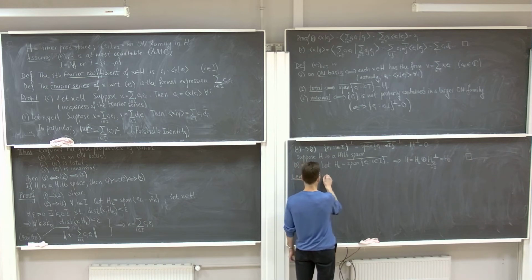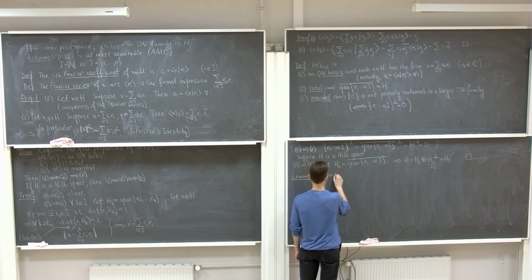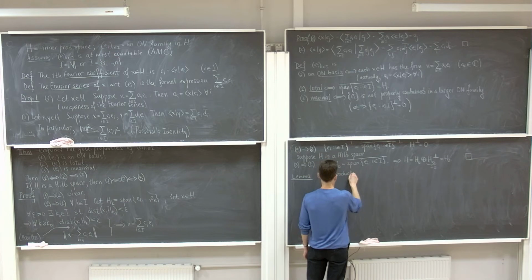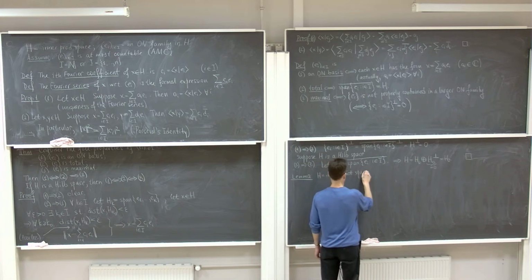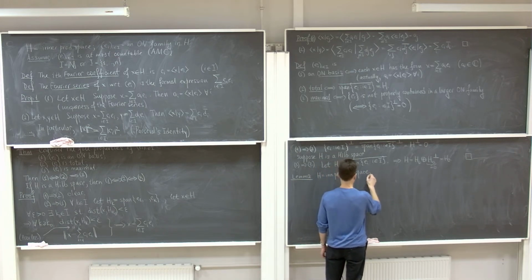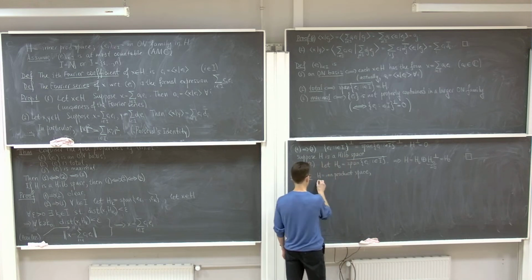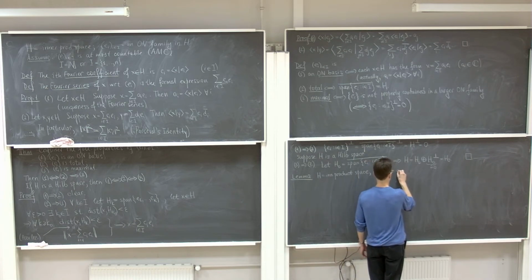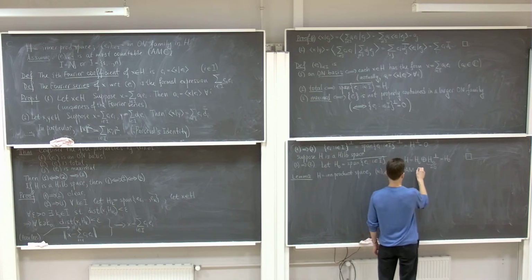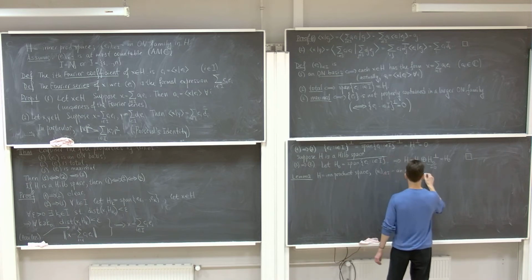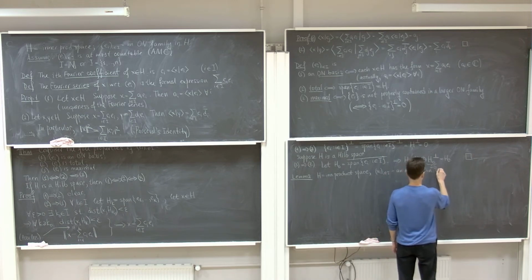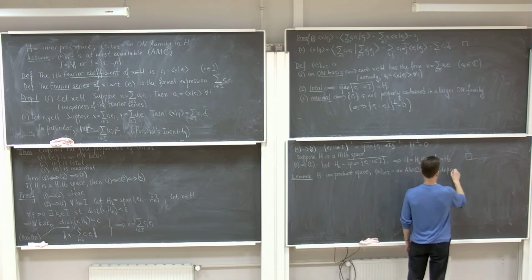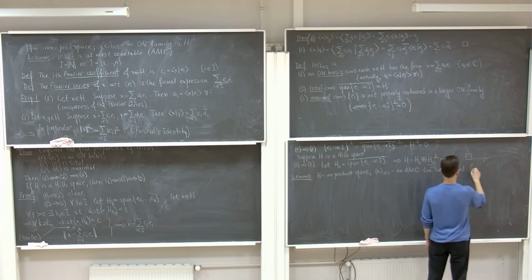Suppose that H is an inner product space, and suppose that xi is an at most countable, linearly independent family in H.